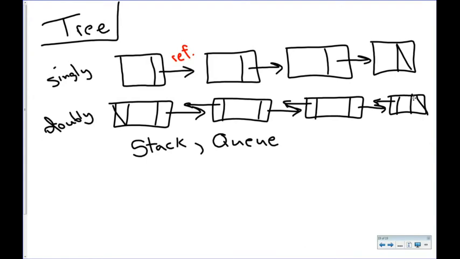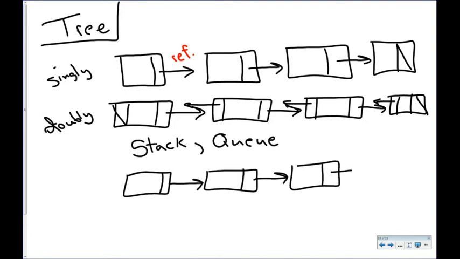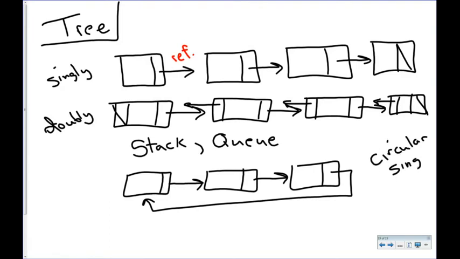We also talked in theory about these lists that could also singly link back to the beginning instead of linking to null. And this was called a circular list. Actually, it's a circular singly linked list.